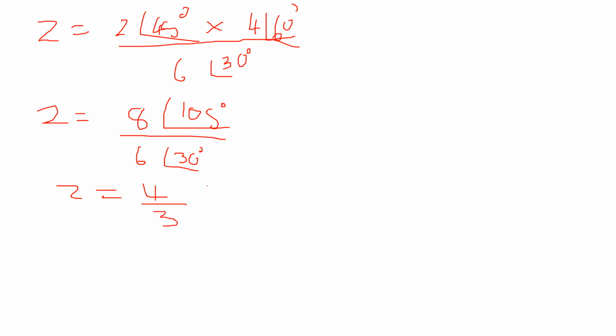And with the angle, we say 105, the top angle, minus the bottom angle, 30, which gives us 75 degrees. So this is our simplified complex number, which is Z.